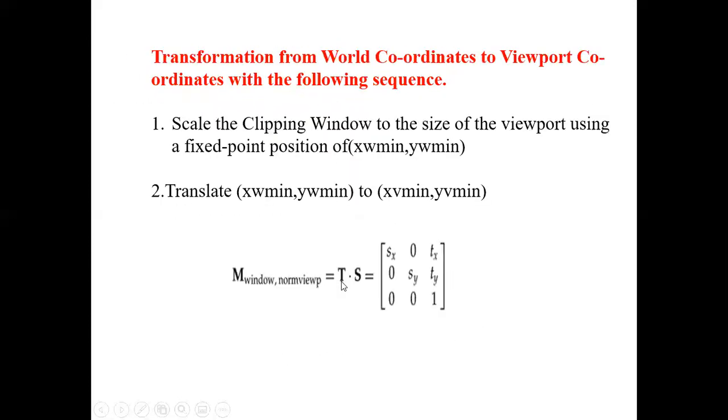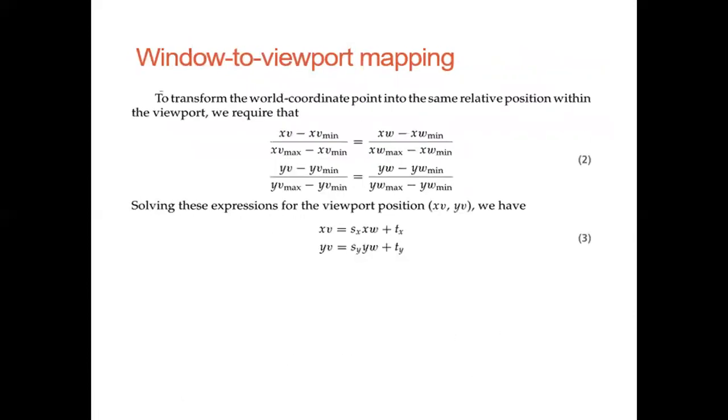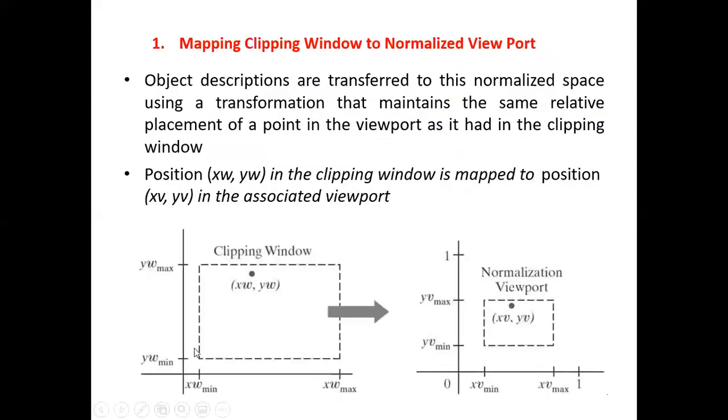Once we get this equation, we generalize it by writing that the transformation from world coordinate to viewport coordinate consists of the following sequence. First we scale the clipping window to the size of the viewport. We do scaling with respect to a fixed position, which is xw min and yw min.